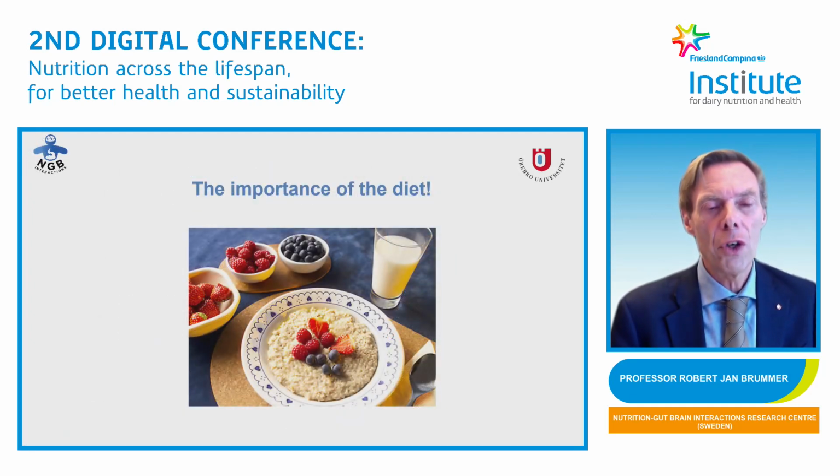So we have talked about parts of the diet like prebiotics, probiotics, and so on. But of course, the diet as a whole has importance. And how can the diet affect the gut-brain axis? Next slide.